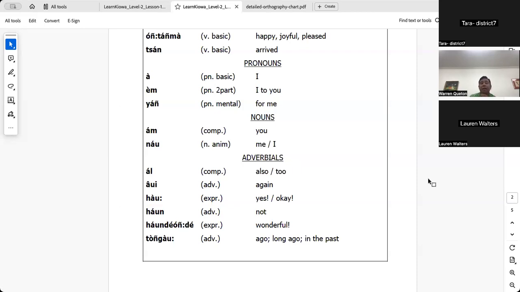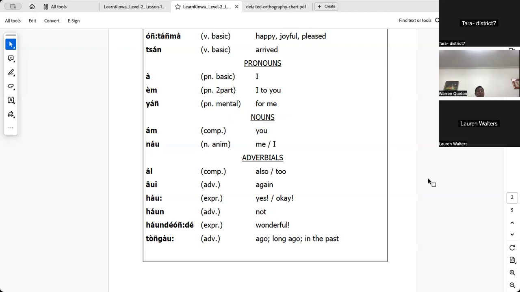Adverbials are kind of like an add-on. So Kiowa was used to add on everything to these phrases. It was poetic, like a song. So you add on these adverbials, like also and too, and that al for like you too. Al is the "too" part. And then oi is again, oi bo or oi all day.